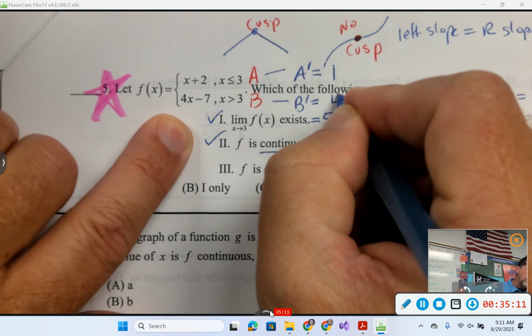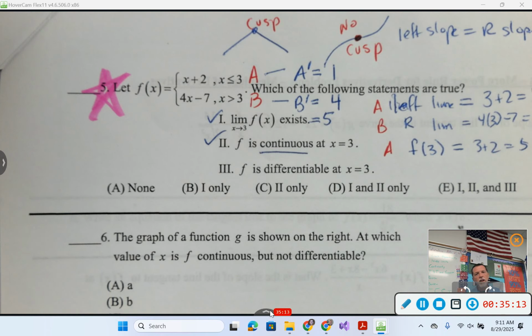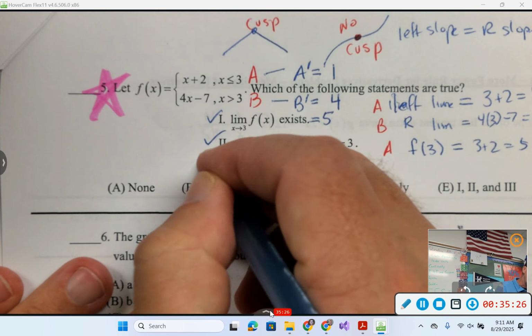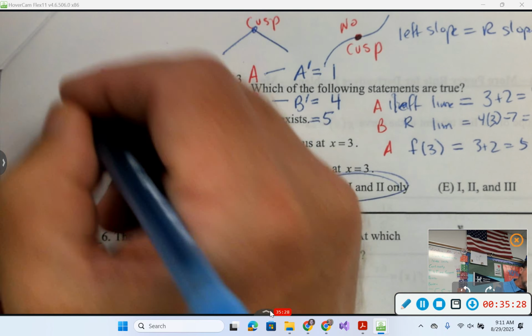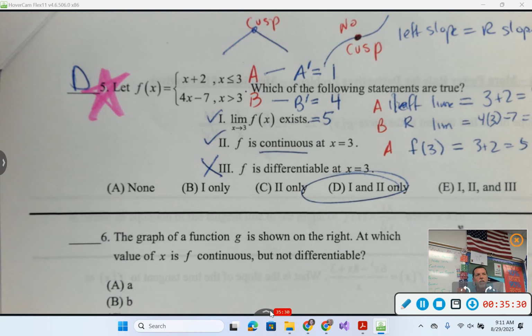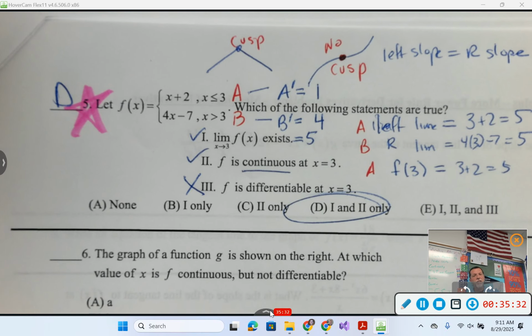B's derivative would be 4. So what does that mean about that connection? The left slope is 1, and the right slope is 4. Yeah, those are a jagged connection. So 3 is out. 1 and 2 only. So it's a cusp. That means there's a cusp there.